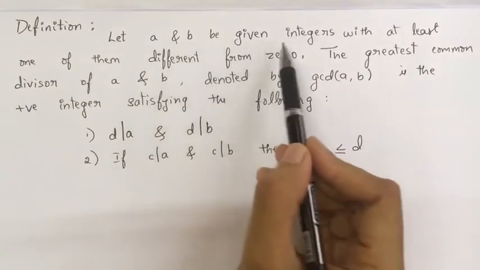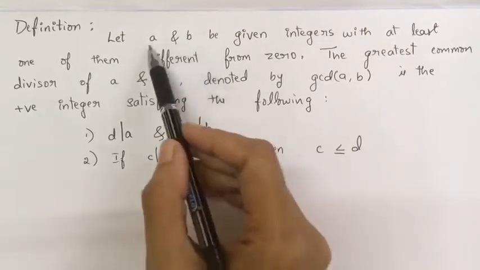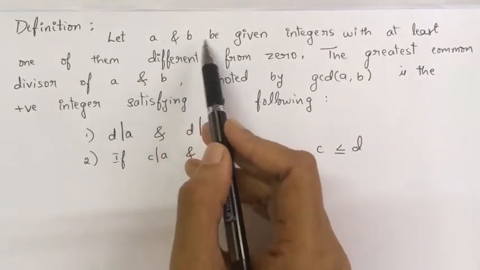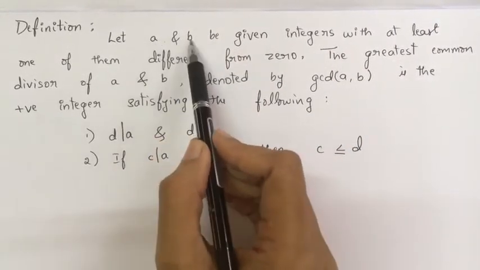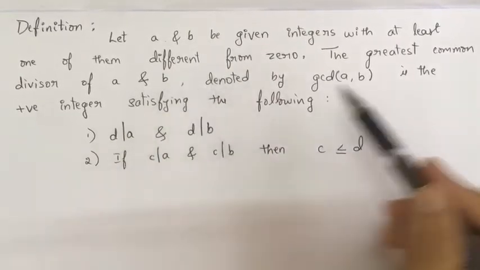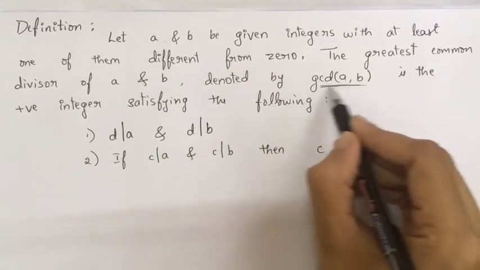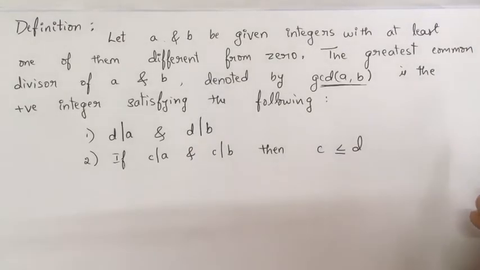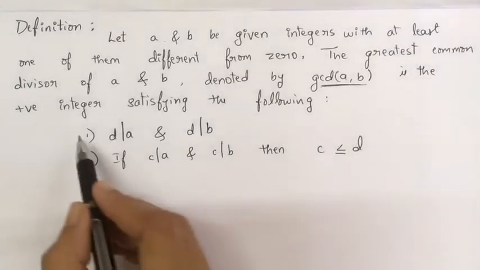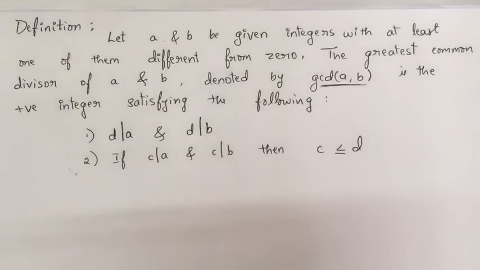Let a and b be given integers, at least one of them different from 0. Then the greatest common divisor of a and b, denoted by GCD of a and b, is the positive integer which satisfies these two conditions.